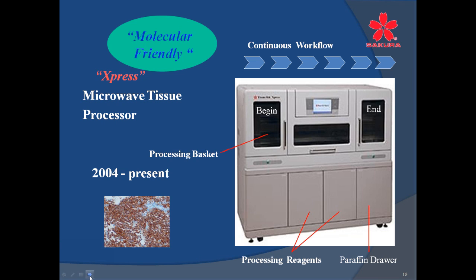Then if we come to the Xpress, which is the continuous flow unit, it uses molecular friendly reagents. And this is a term you're going to hear a lot more of, molecular and/or molecular friendly, as we continue to move forward in histotechnology and the tissues being fixed and processed for these types of tests that today can't be done very well, but with different fixatives they can, and you'll see more and more requests for molecular work.